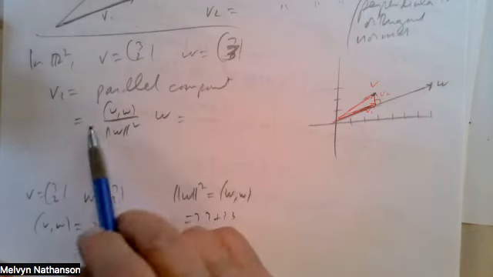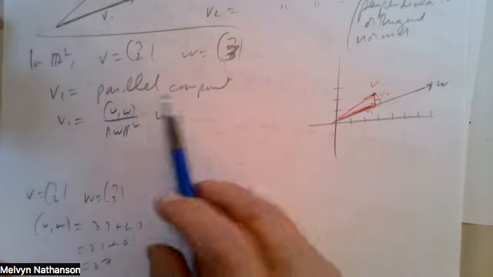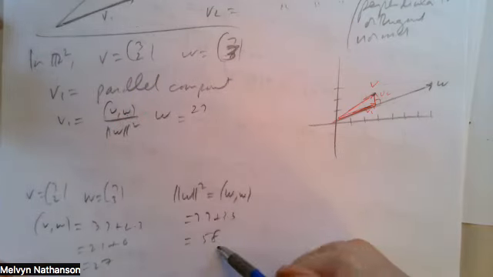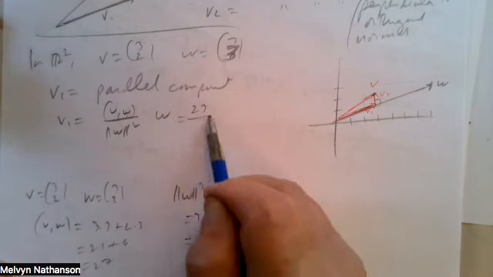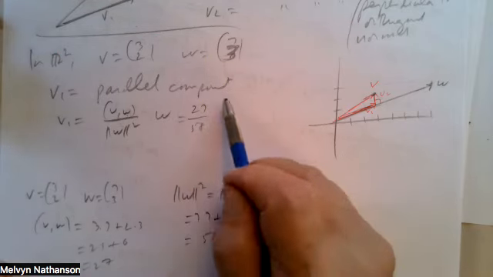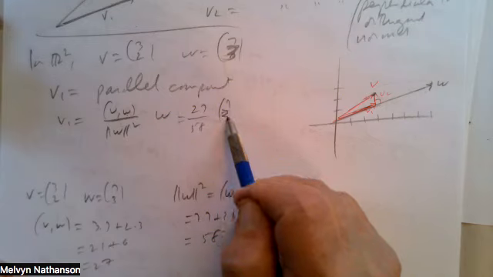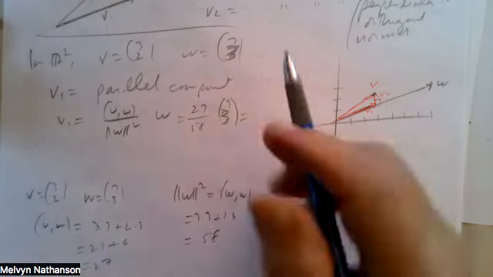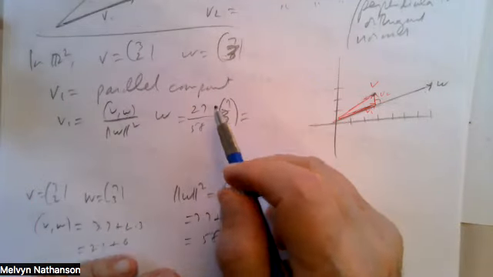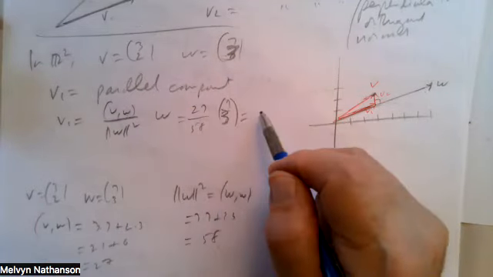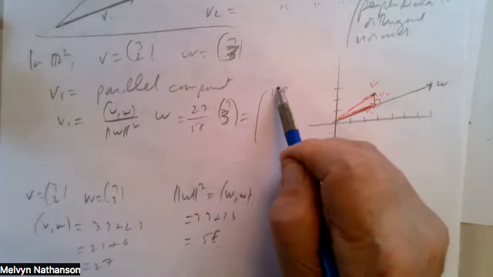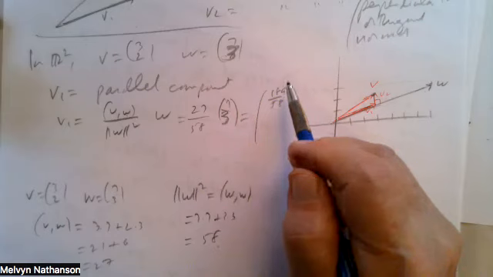So what we get is V1 is the inner product, 27, divided by the square of the length, 58, times the vector (7, 3). So in terms of coordinates, what is 7 times 27? That's 189 over 58.